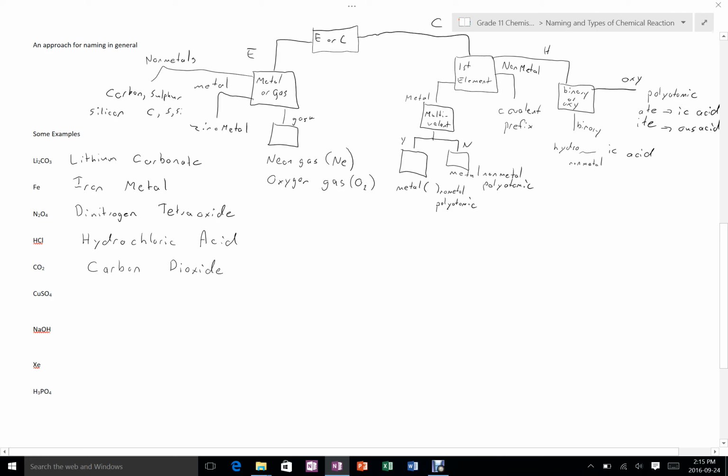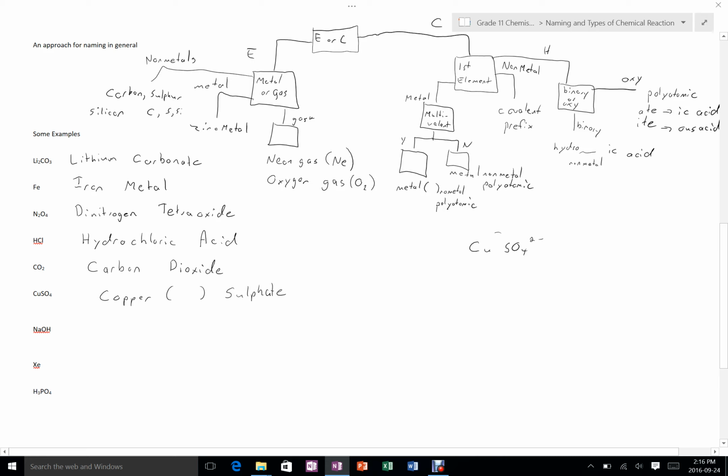CuSO4, that's a compound. The first element is a metal. That metal is copper. Copper is multivalent, so yes. So copper, leaving the brackets, that polyatomic SO4 is sulfate. Being very careful with what goes in those brackets, I'm going to write CuSO4, and then I'm going to go sulfate was 2 minus.